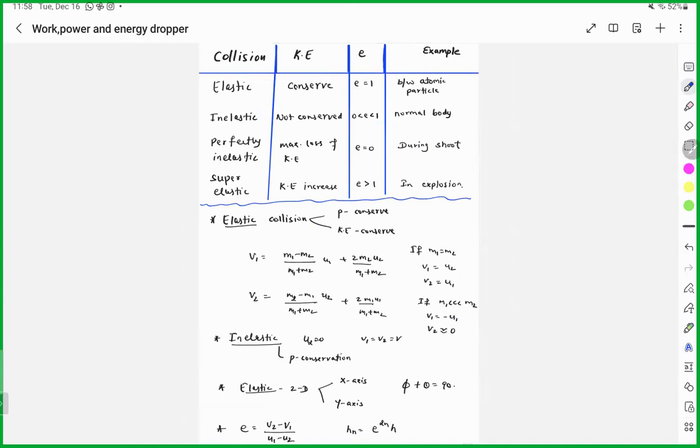Are you thinking, sir, we spent almost 2-3 hours on this collision, and how are we able to revise this in 5 minutes? I didn't take more than 5 minutes, right? The answer is that in the first instance you need to understand each and everything. It takes time. Once you understand, it's just a quick summary.